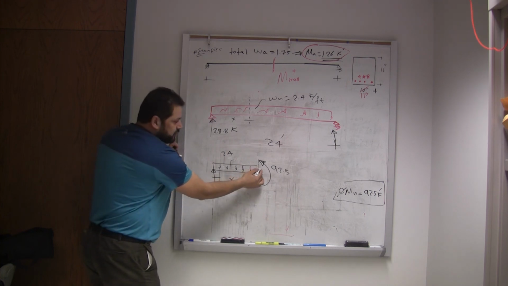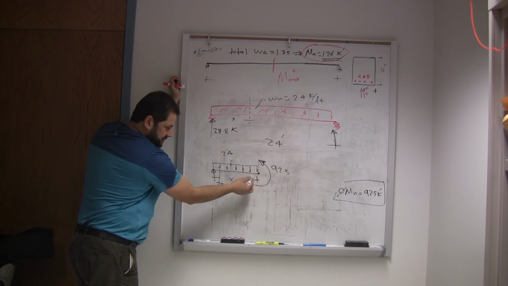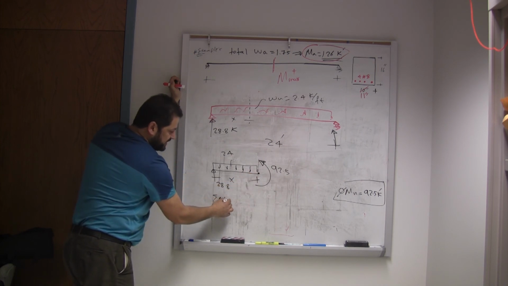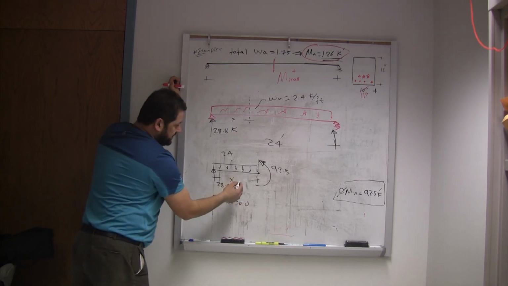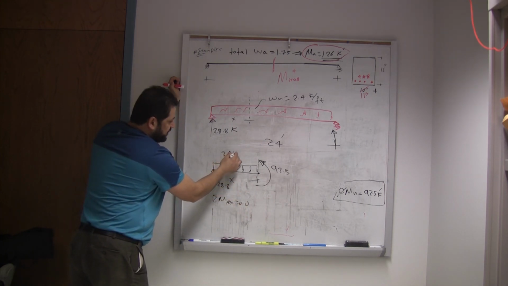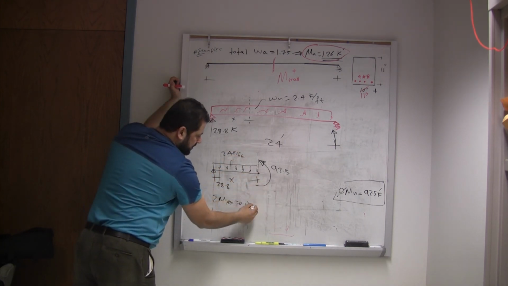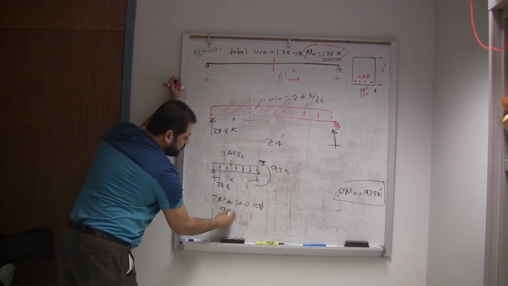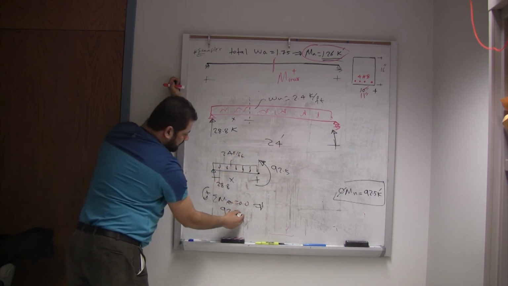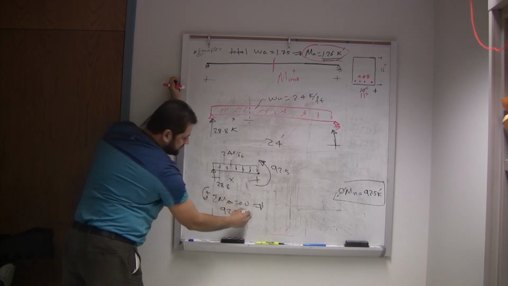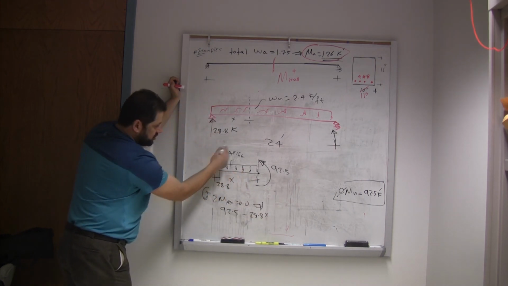Now you don't need to know the shear here. You care less about the shear. Take the moment at this point equal to 0. Sum the moment at x equal to 0 to find x. Don't forget this, by the way, 2.4 kip per foot. So the moment here will be 92.5, that's positive if I take counterclockwise as positive, minus 28.8 times x, that's clockwise.